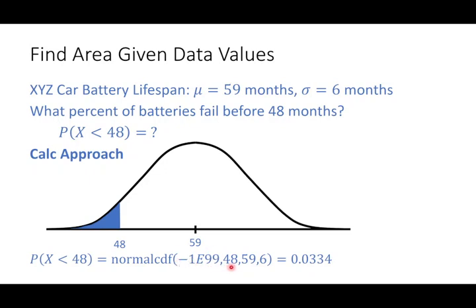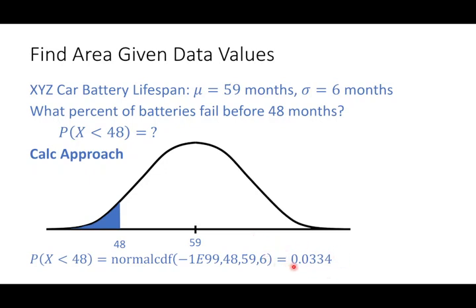And for the right point, we're putting 48. And we give it the mean and the standard deviation. So instead of 0, 1, like when we do z-scores, we put the actual mean and the actual standard deviation of the data. And it gives an answer, 0.0334.